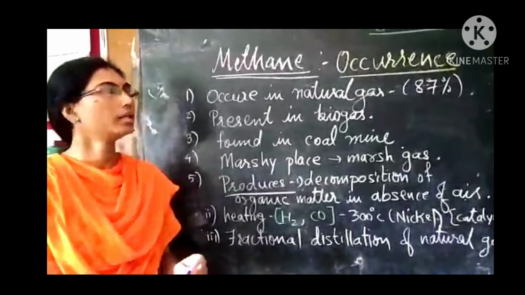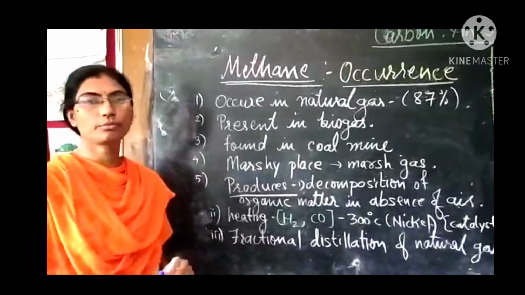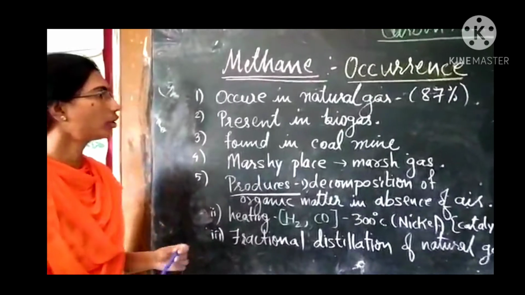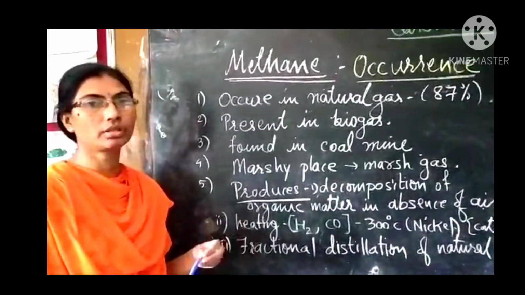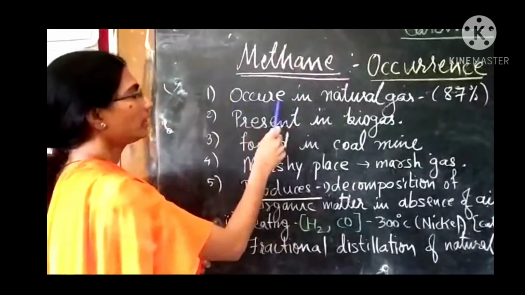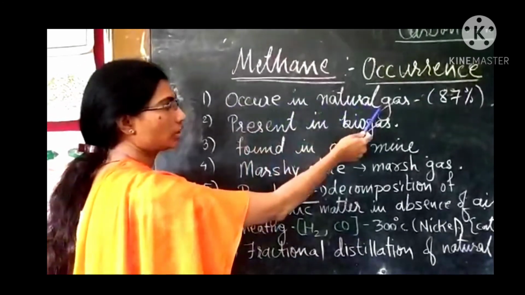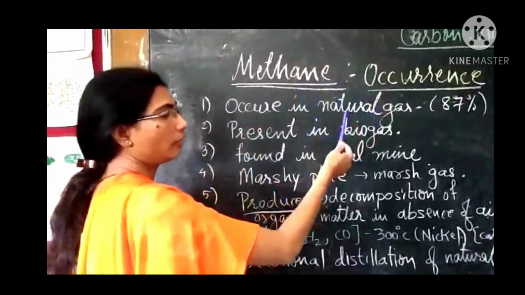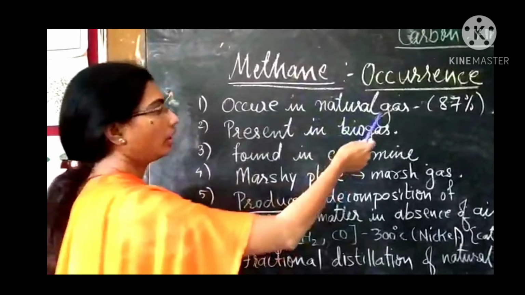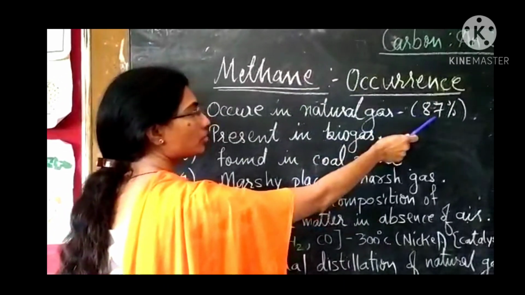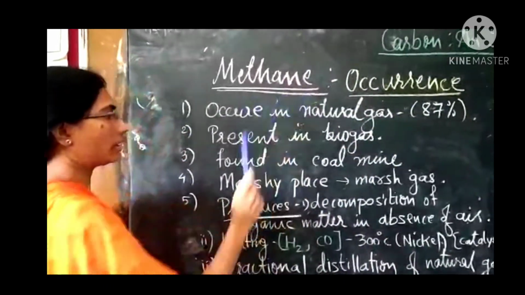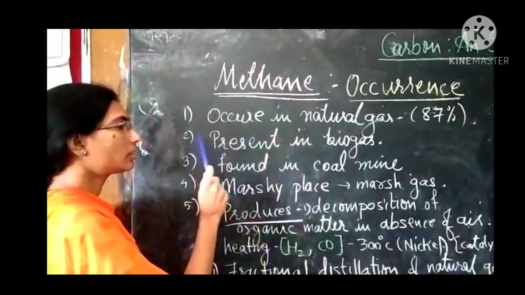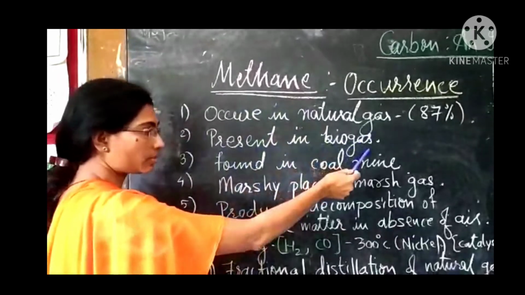Now students, let's see the occurrence of methane gas. First of all, let's see where methane gas is formed in nature. Methane gas is present in the natural gas which we get from the earth. Near about 87% of natural gas contains methane gas. It is also present in biogas.